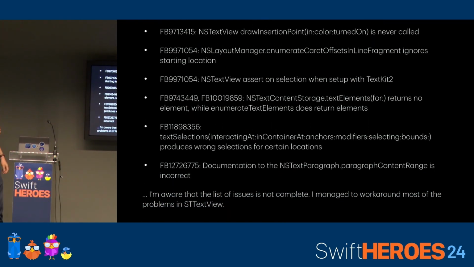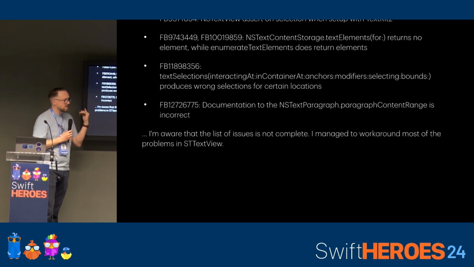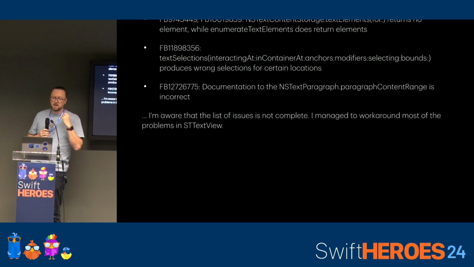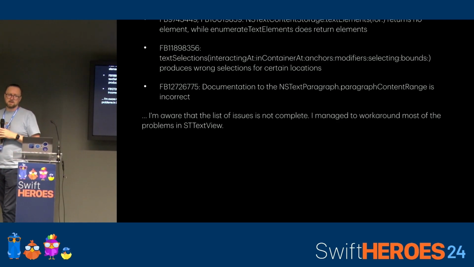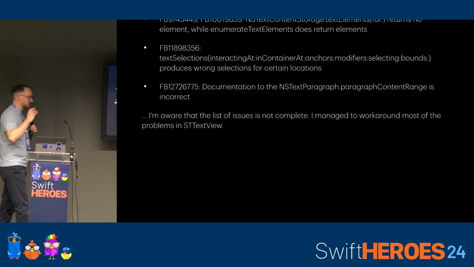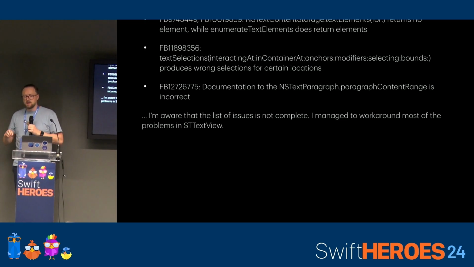You just accept that and provide the workaround. If you work with NSTextView and something is broken, you probably have no possibility to fix it. A lot of things are hidden. Some functions are used only by TextKit 1. There's a lot of garbage.